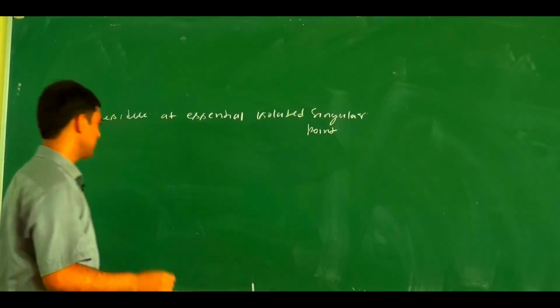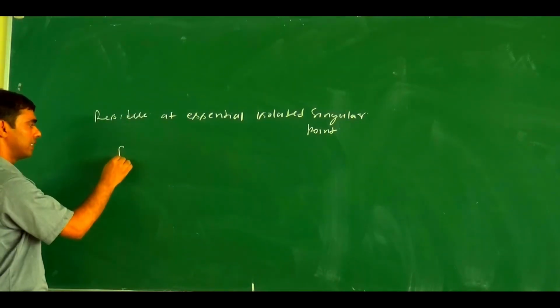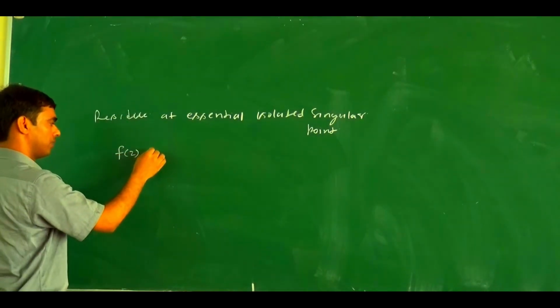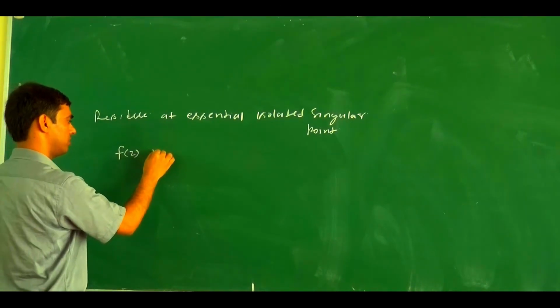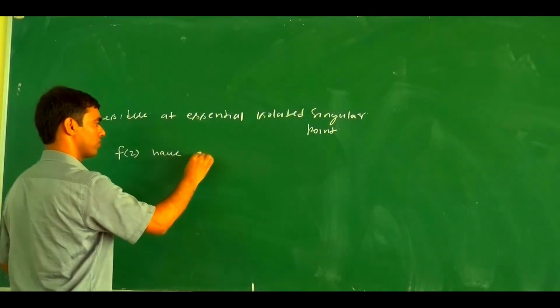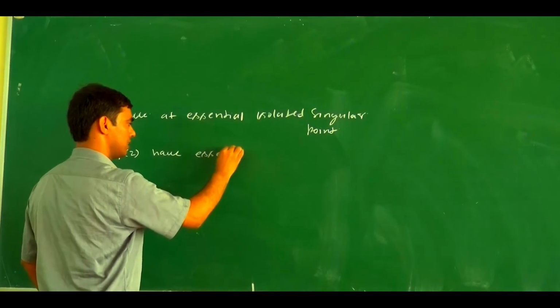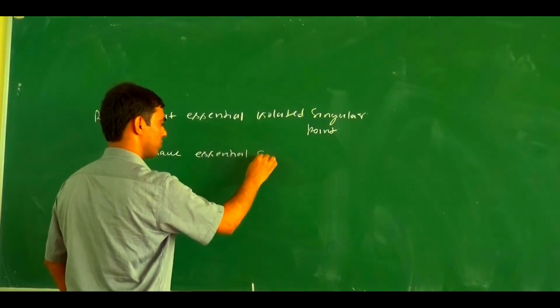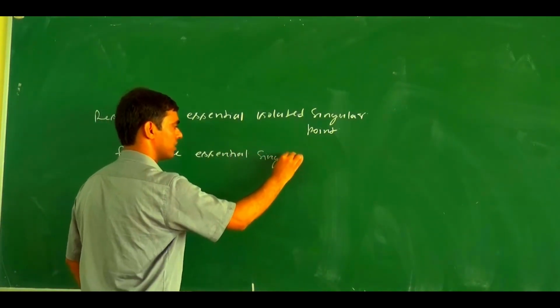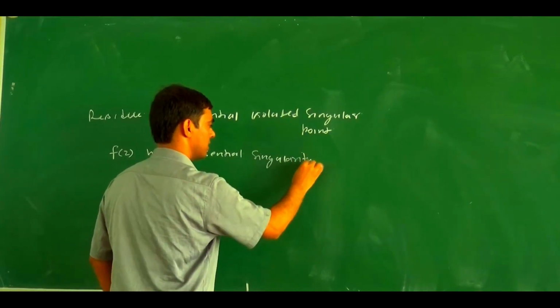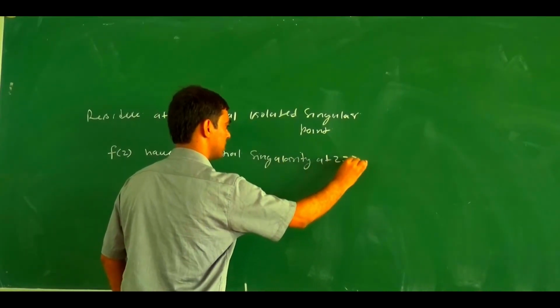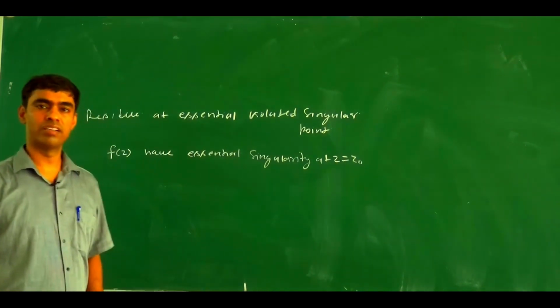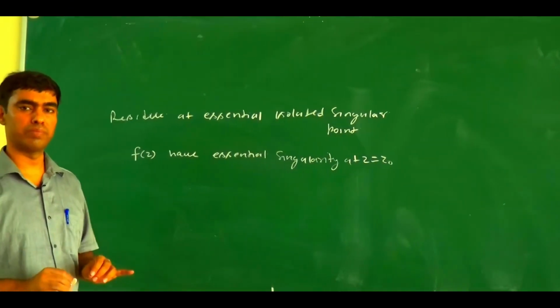So how do we find this? If f(z) has an essential singularity at z equals z0, then there is one and only one way.